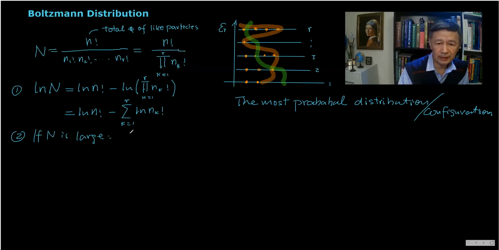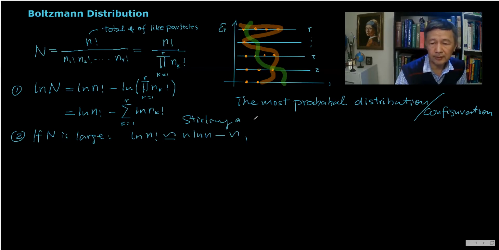So log n factorial can be approximated as n multiplied by log n, take away n. This approximation is called the Stirling approximation. I can show you how to obtain the Stirling approximation in other videos.